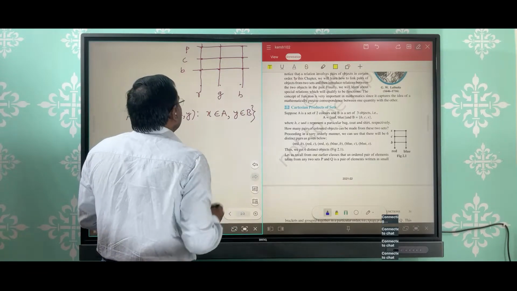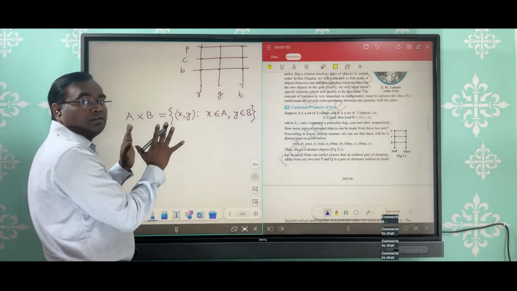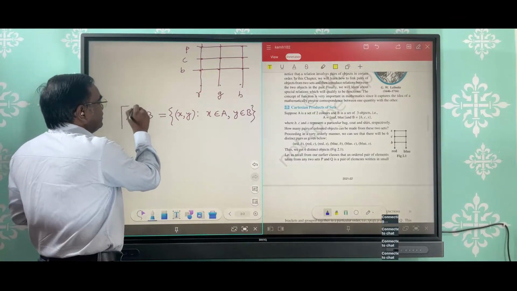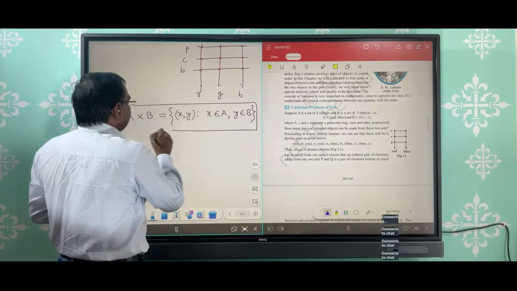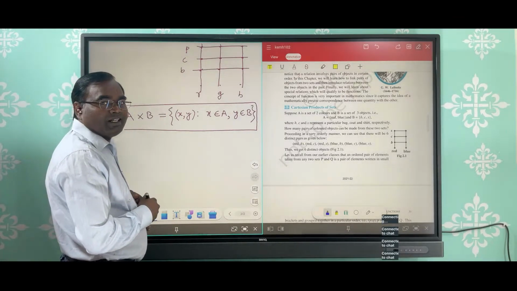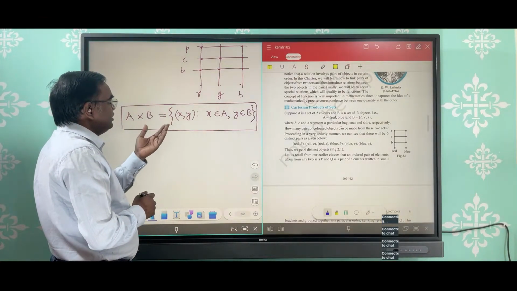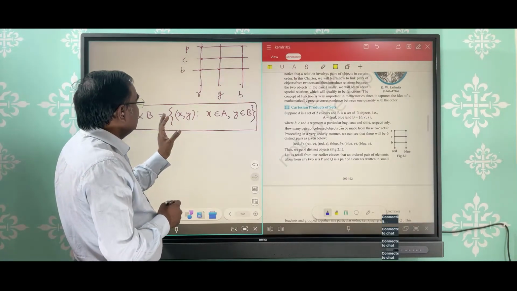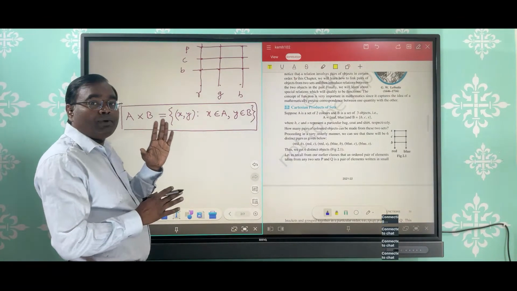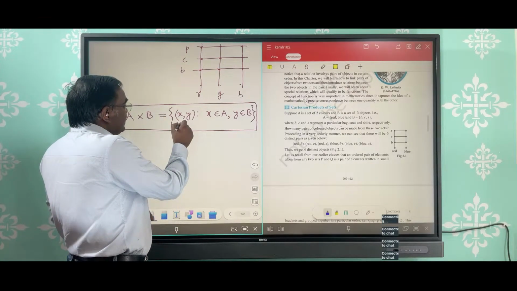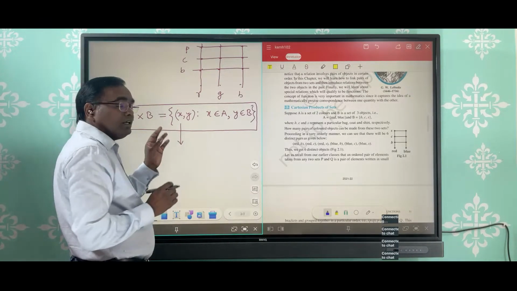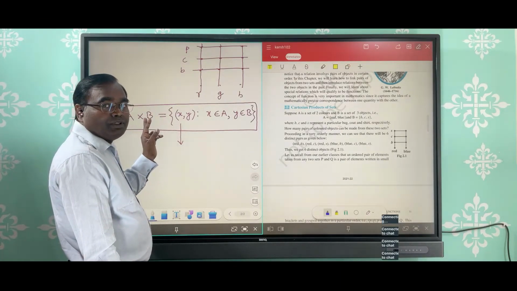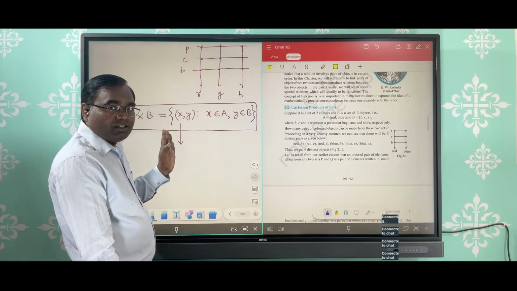You can see this very carefully. This is the cross product of two sets A and B: the set of all the elements of A and B in a particular order. Here x is the element of A and y is the element of B, and their order is fixed, right?